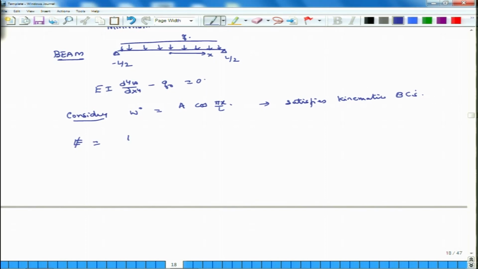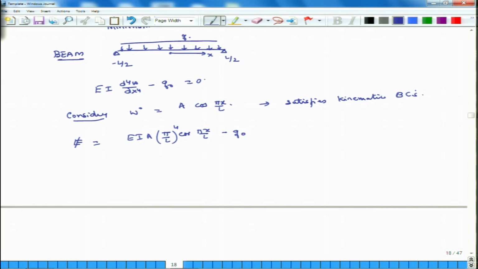Error is equal to EI A (pi over L) to the power of 4 cosine pi x over L minus q naught. This is the error in force.